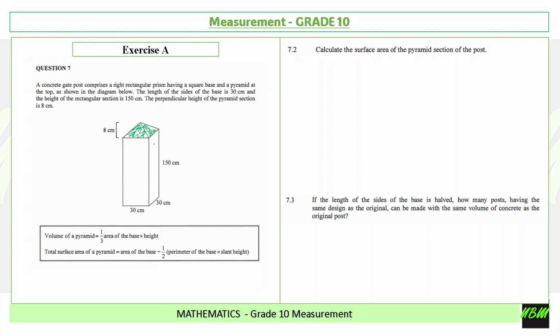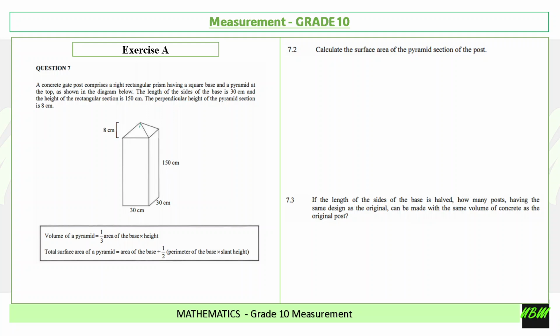You know that for you to be able to calculate the area of a pyramid section, we need the slant height. So how do we calculate the slant height? I'm just going to make some construction so that we can visualize what we are actually given.